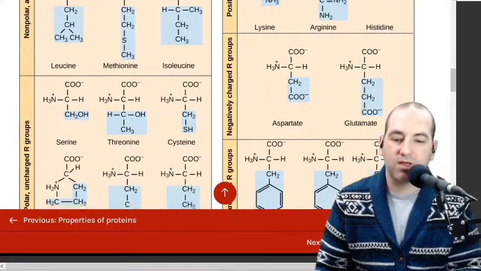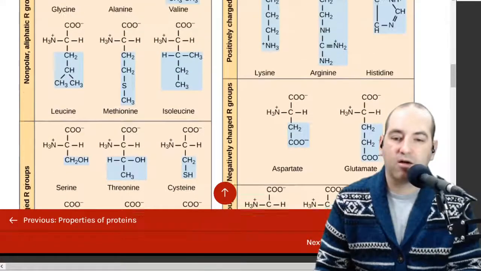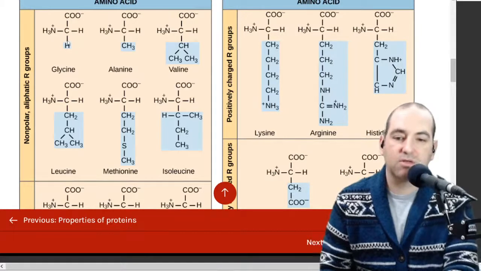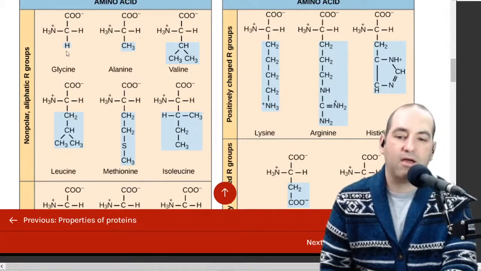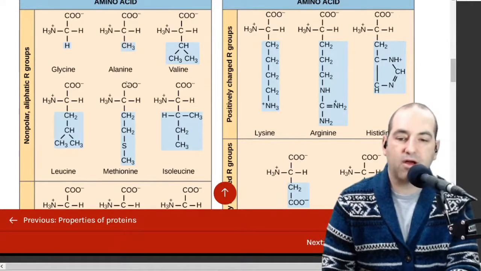But you can see what makes them different from each other are the side chains that are connected. The simplest amino acid just has a hydrogen there, and that's called glycine. Then you can have a methyl group there, alanine.